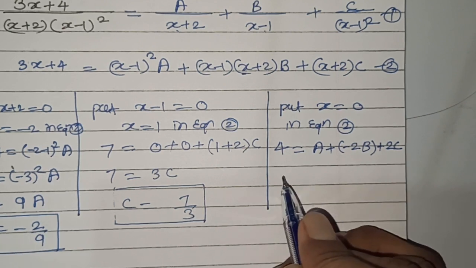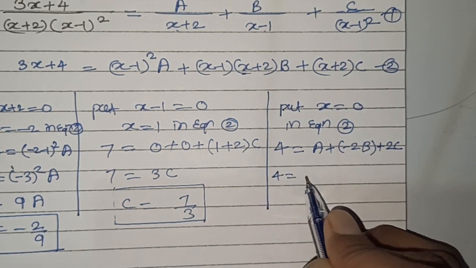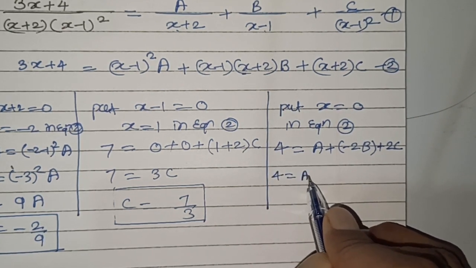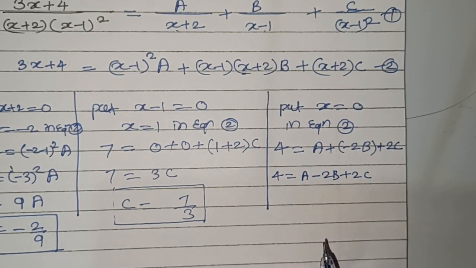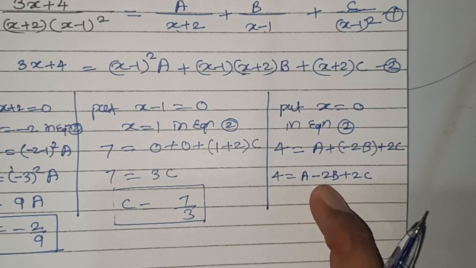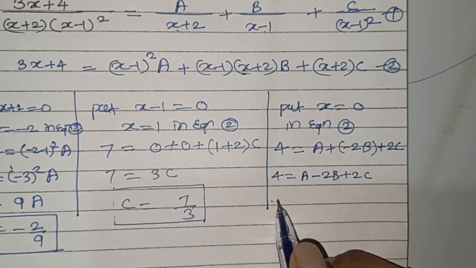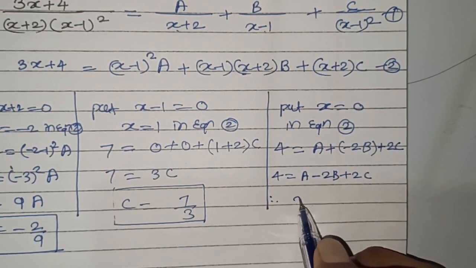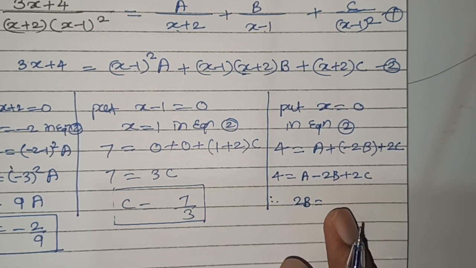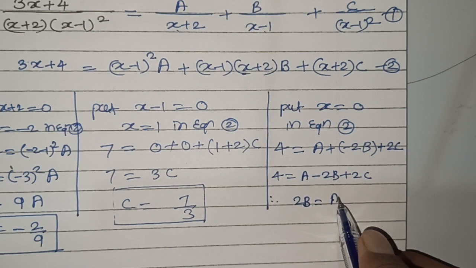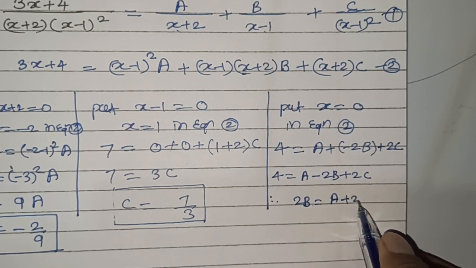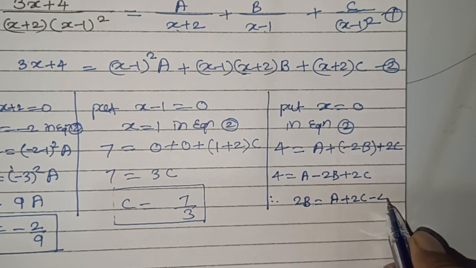Okay, so we get an equation of the type 4 equal to a minus 2b plus 2c. Okay, we have to find b, so we get 2 times b equal to a plus 2c minus 4.